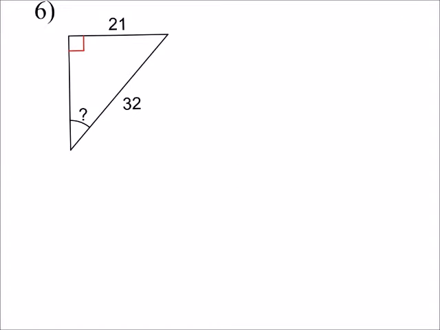In this example, we're also looking to find an angle. This time we've been given the opposite side and the hypotenuse. So since we have the opposite and the hypotenuse, we're going to use the sine function because SOHCAHTOA tells us that sine is opposite over hypotenuse. We have our ratio, but remember we want to find the value of x.